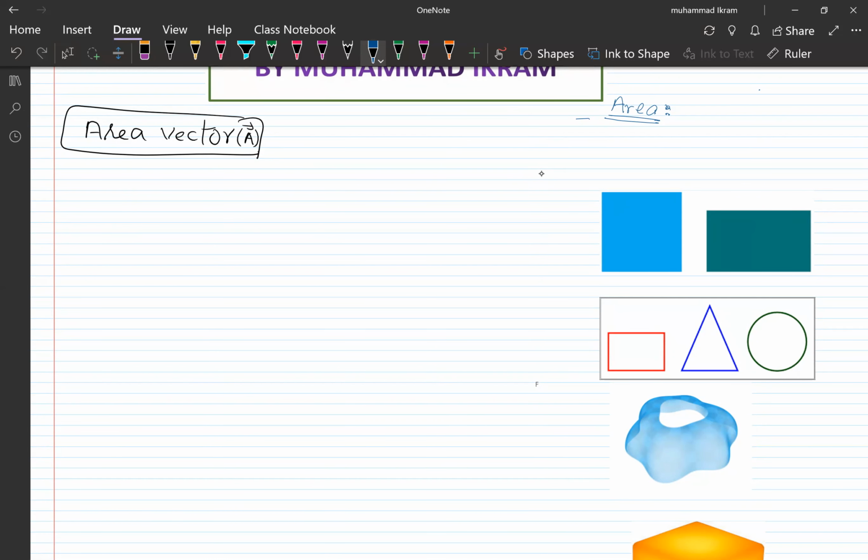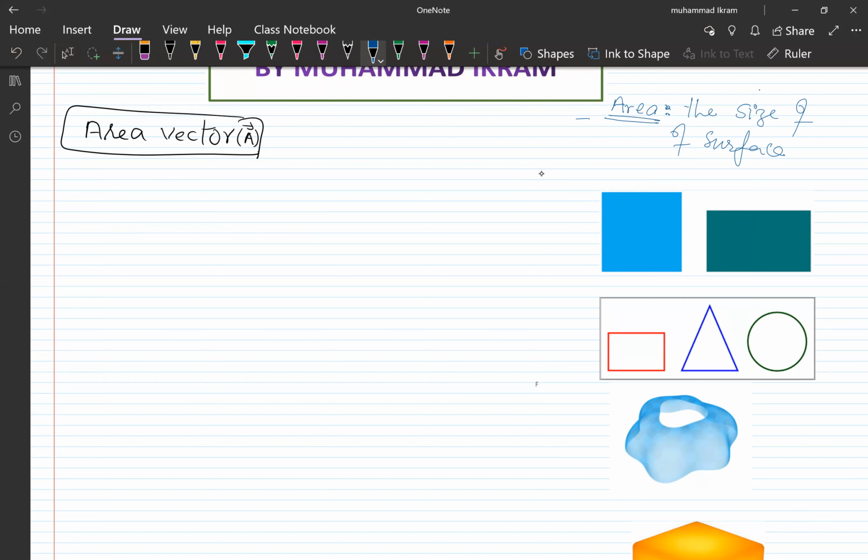Area is in fact the size of a surface. The size of a surface is called area, or it is the region or space bounded by the surface of an object.